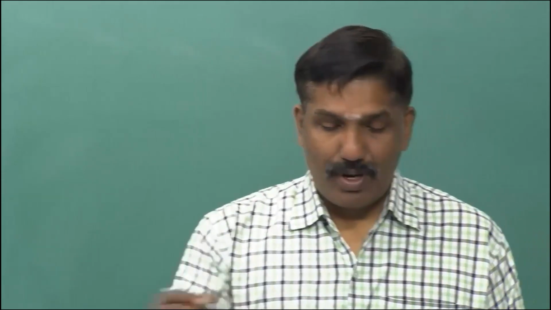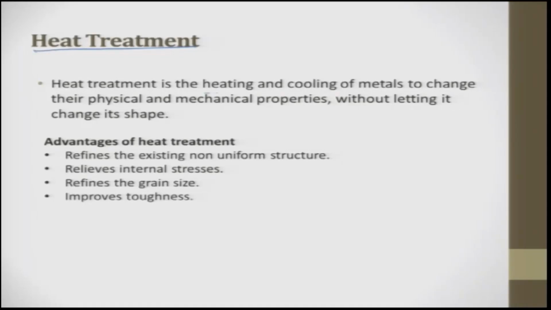Heat treatment is a process wherein which it is heating and cooling of metal to change its physical and mechanical property. The shape does not change, the size does not change. So, what is the advantage? It refines the existing non-uniform structure. So, that means to say a structure means inside a microstructure, the grains will be large, the grains will be small because of the machining operation.